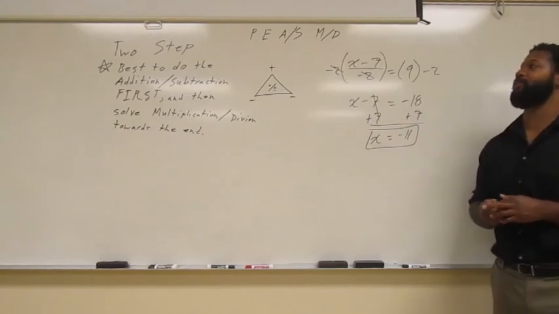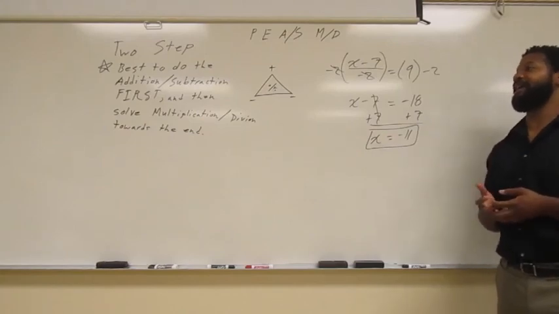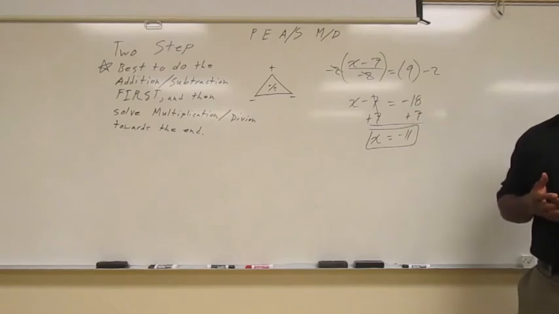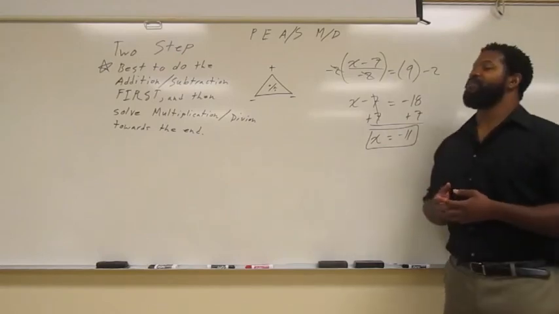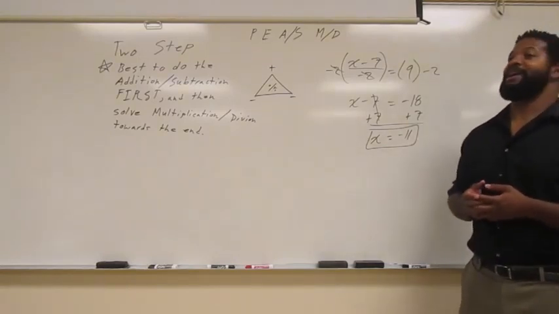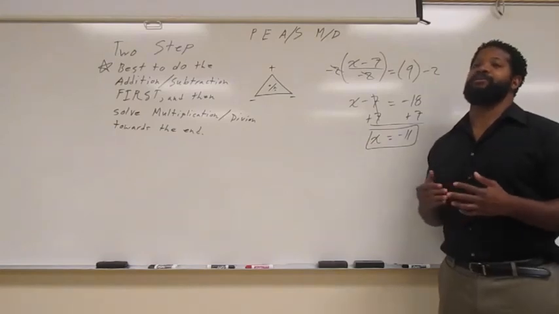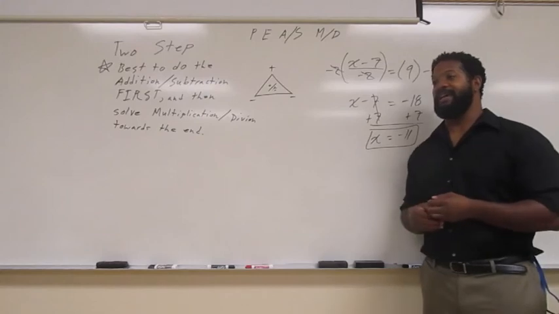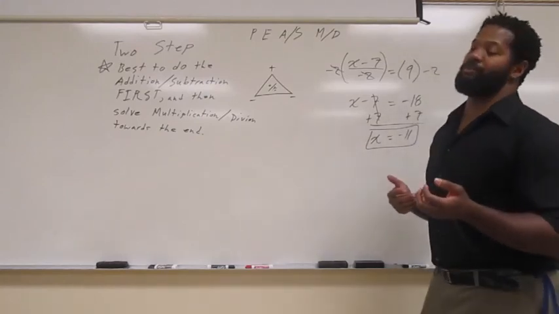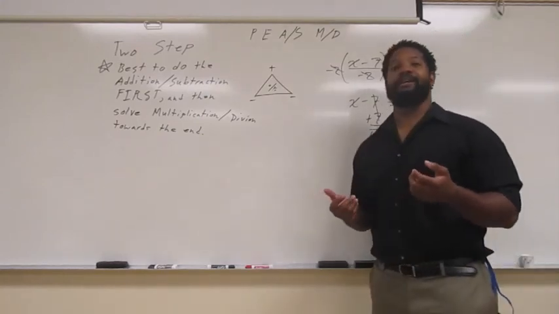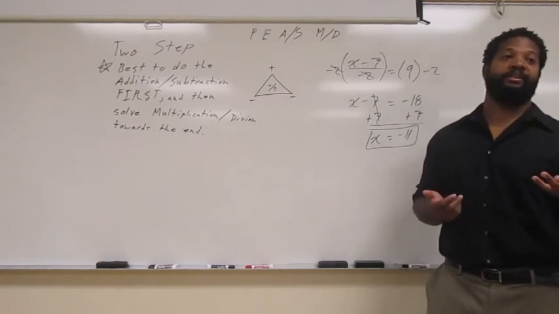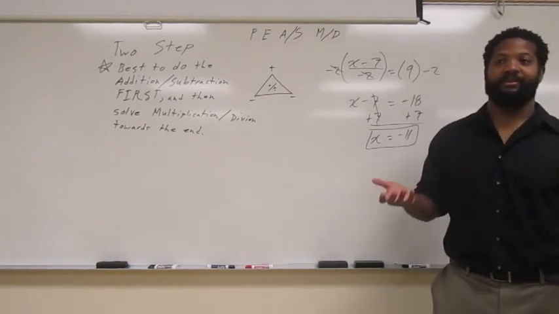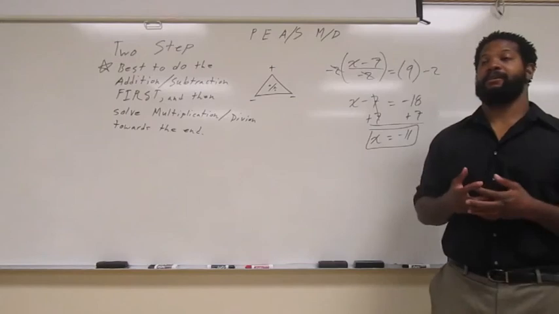The only time when you're going to do multiplication before adding and subtracting is when we go over absolute values, okay? And I'll go more into that. Another time when you're going to do multiplication before adding and subtracting is when we're doing the distributive property, which y'all have already seen, okay?